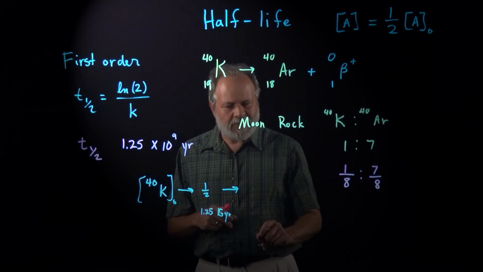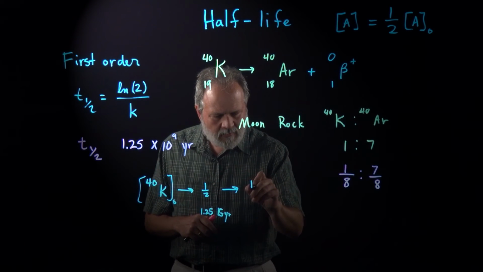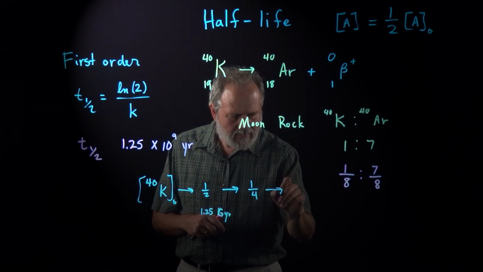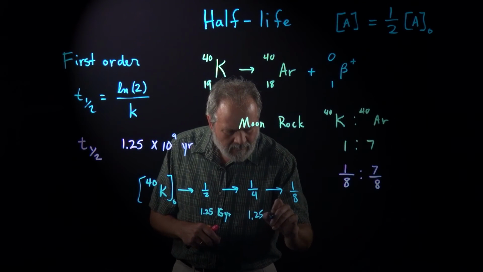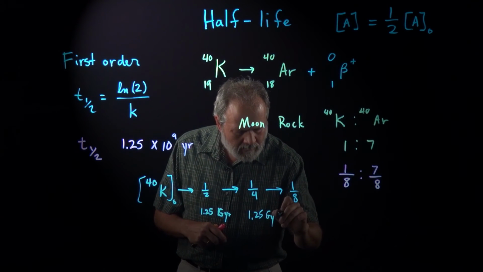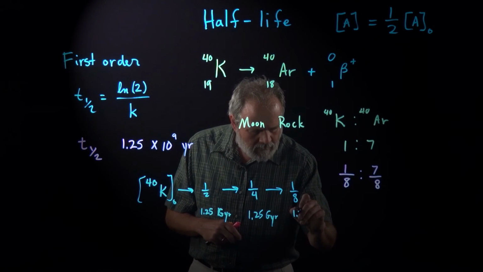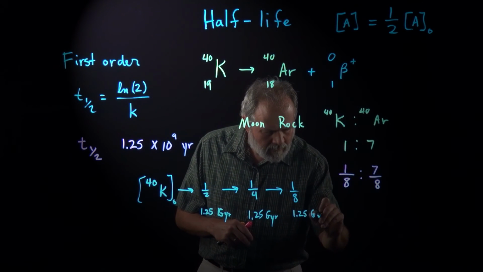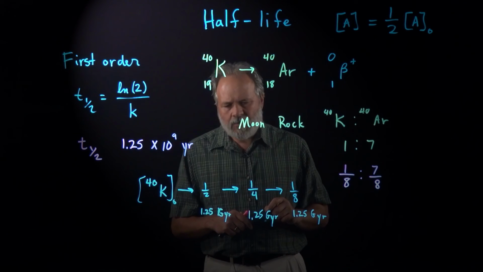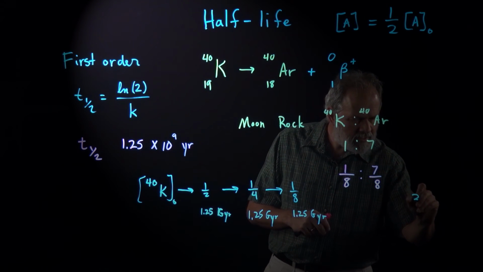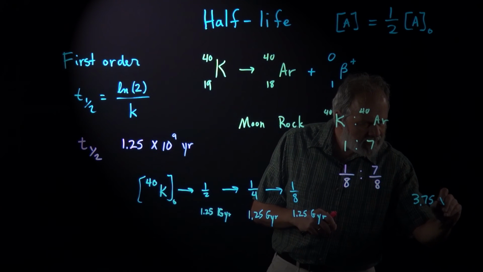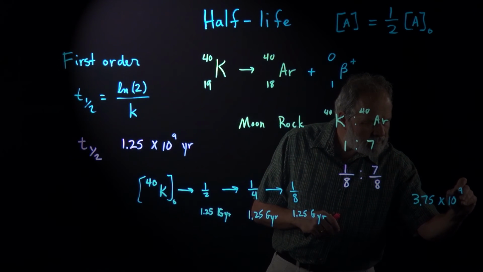Geologists call them giga years. Then 1/4, then finally 1/8. So this moon rock is 3.75 times 10 to the 9th years old.